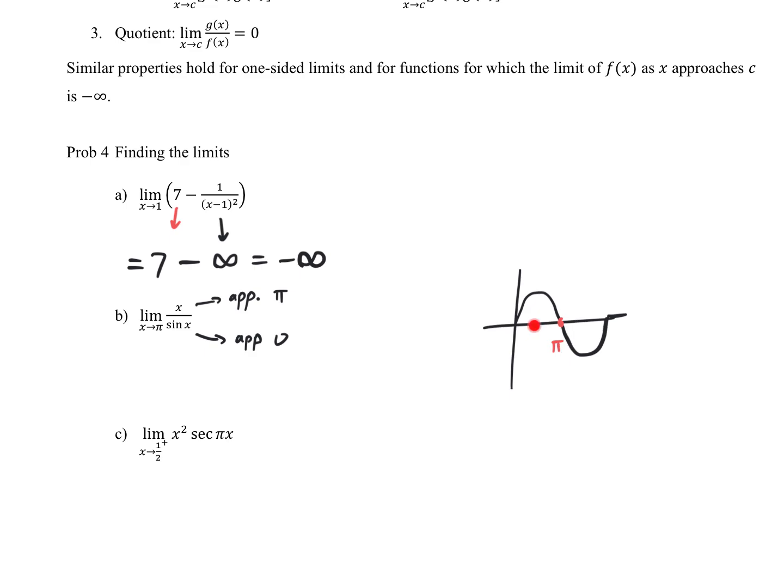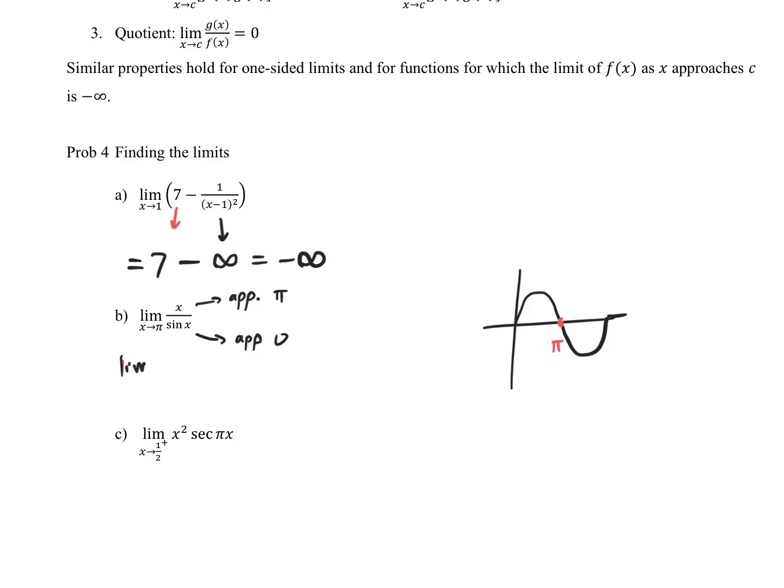We can see when x is approaching pi from the left, sine is positive but approaching 0. But when x is approaching pi from the right, sine of x will be approaching 0 but with negative sign. So for that reason, this actually doesn't exist. I'm going to write this down.